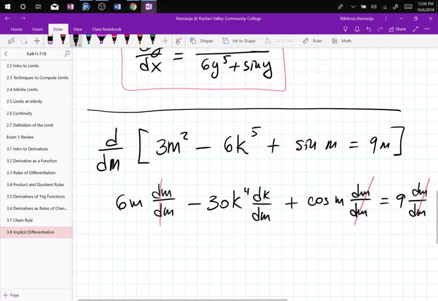What do I have? 6m minus 30k to the 4th plus cosine m equals 9. Oh, I forgot the dk dm over here, sorry.